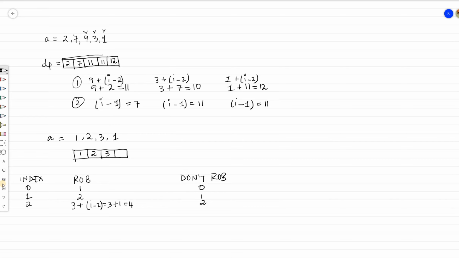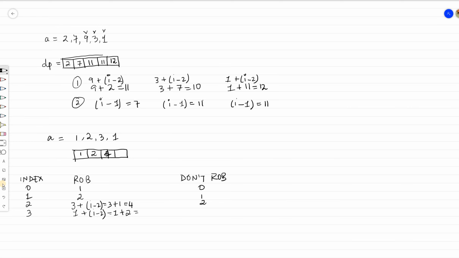Moving on to the next index, which is the third index, again applying the same formula, i minus 2. So I have 1 plus i minus 2. Sorry, I made a typo over here. It will be 4, so 3 plus 1 is 4.